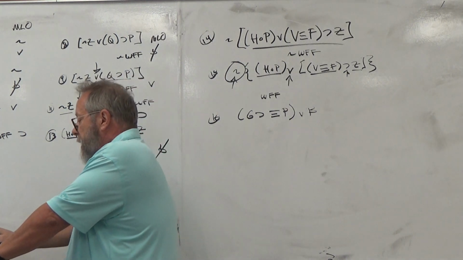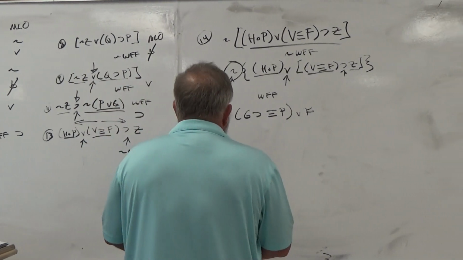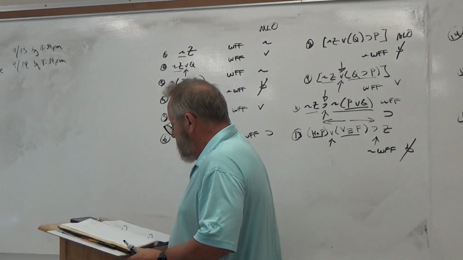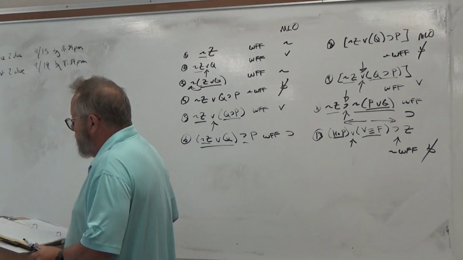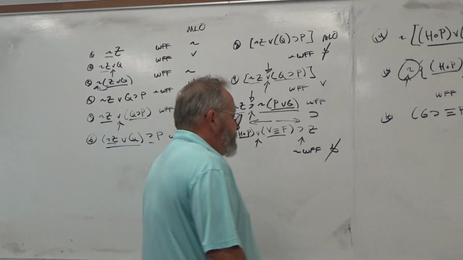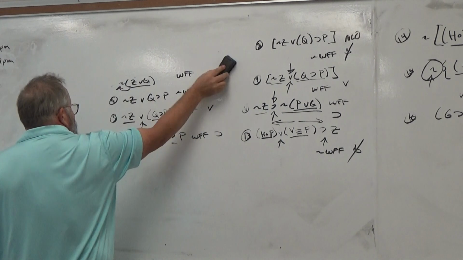So let me turn to 2.5. In 2.5, we're supposing that someone has been translating ordinary English into symbolic notation, and they've done one step of that.